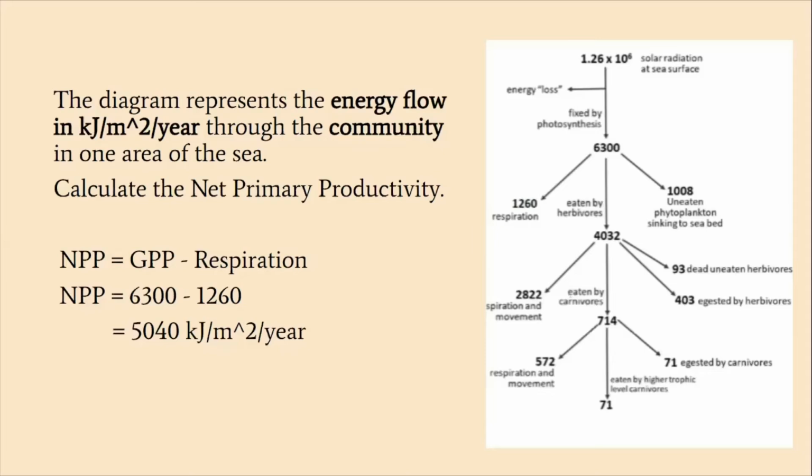Any dead organisms will be decomposed by saprophytic bacteria and fungi. So the 1,008 is not available to the next trophic level, because the dead phytoplankton is going to be decomposed by decomposer organisms. So we do not take the 1,008.